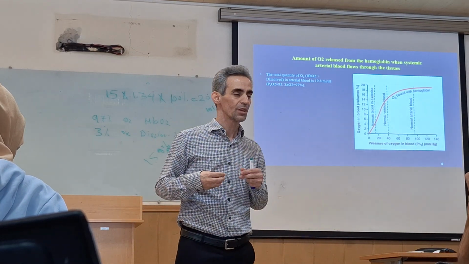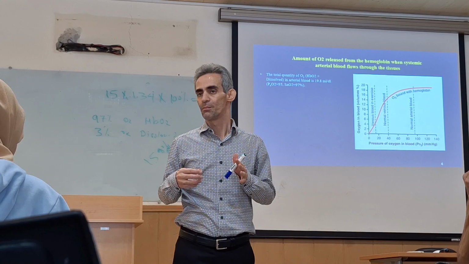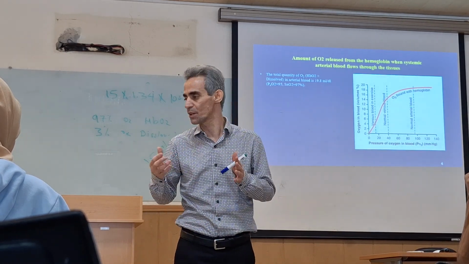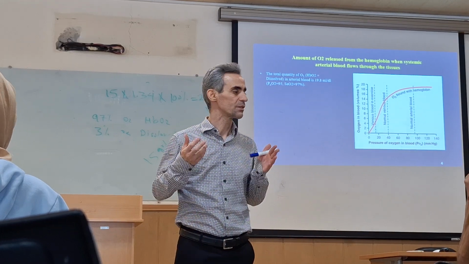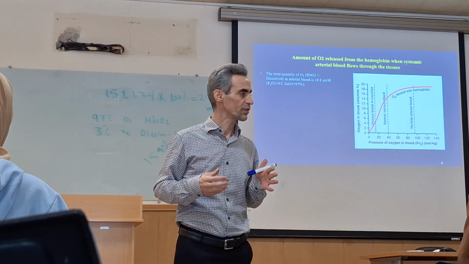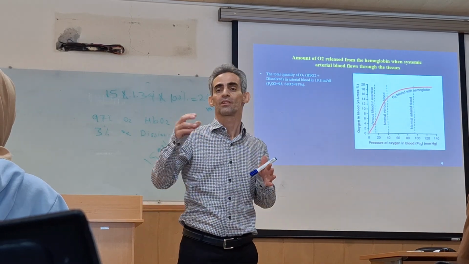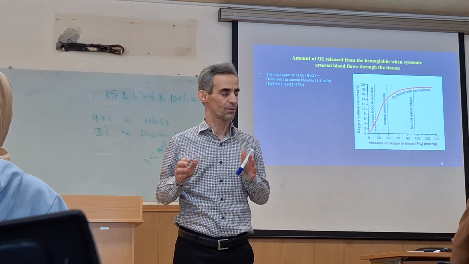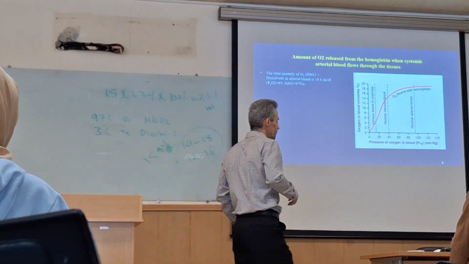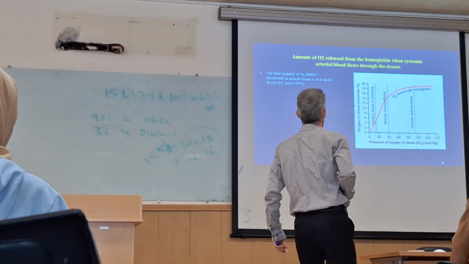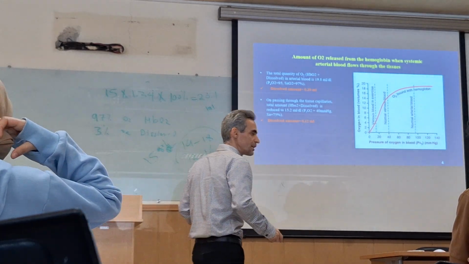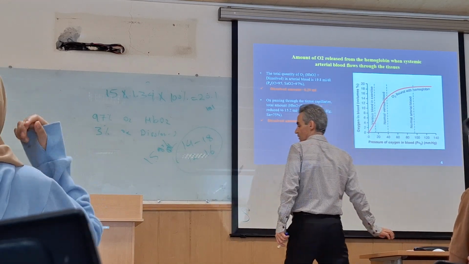The remaining is transported using another mechanism, dissolved. How much? Only 3% of total oxygen is transported using the dissolved mechanism. Okay, so now I want to calculate the total amount of oxygen in venous blood and in arterial blood.